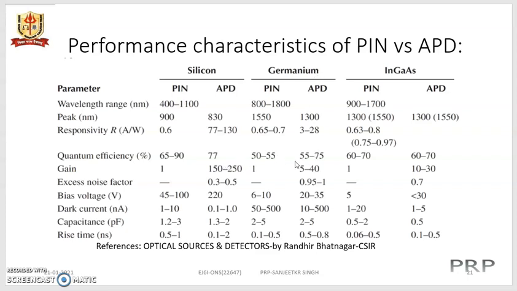In the PIN photodiode we get only one electron generated, which will require the amplifier, whereas in the APD, for an incident photon, the gain, or the electron-hole pairs or current generated, is much larger, in the range of 150 to 250, and therefore there is collision and avalanche taking place.